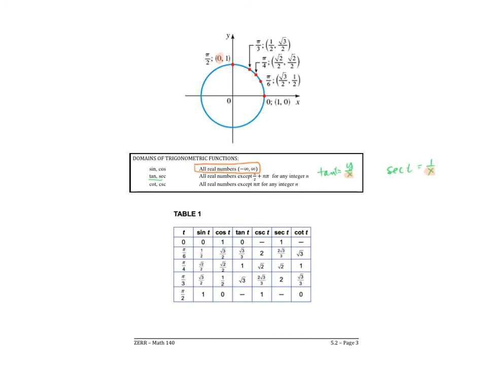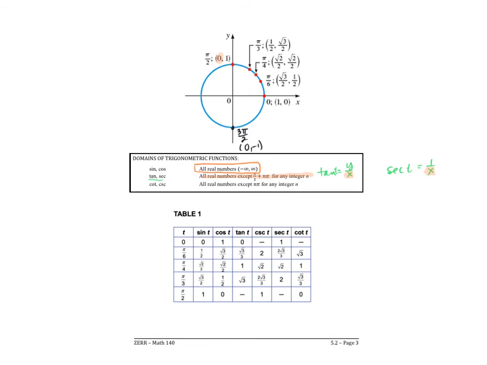And that would happen at any multiple of pi over 2, because that point is at 0, negative 1. So we have to look out for any multiple of pi over 2.